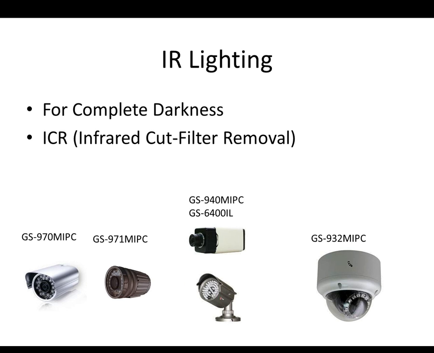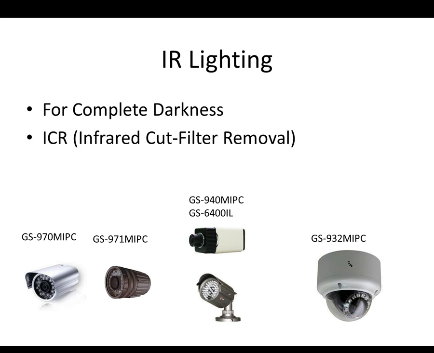Our next application is for IR lighting, which stands for infrared. In some instances, you would need to see in complete darkness. What the cameras have is what is called an ICR, which is an infrared cut filter removal. What that does is during the daytime, it provides an infrared filter in front of the camera lens, so that way it will not absorb any infrared light to produce washed out colors.